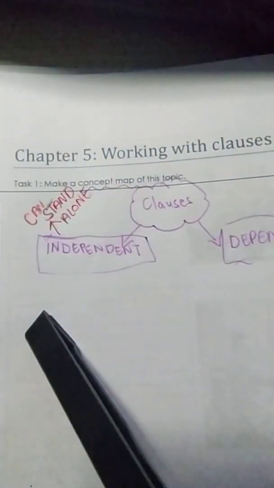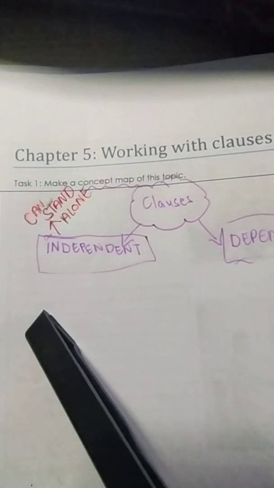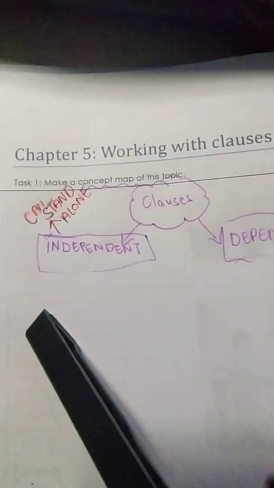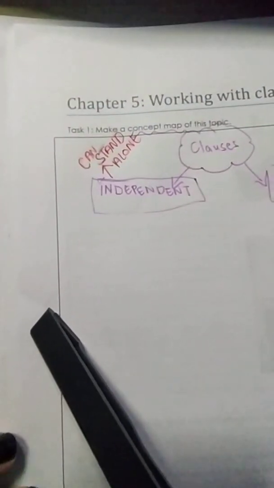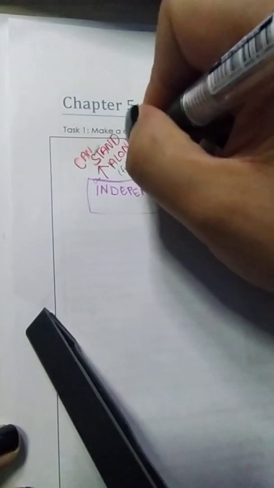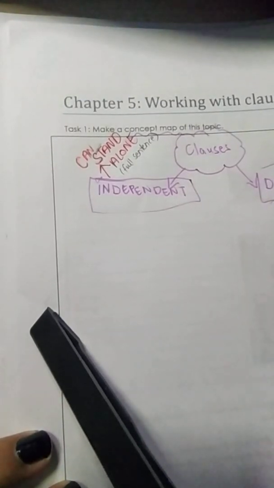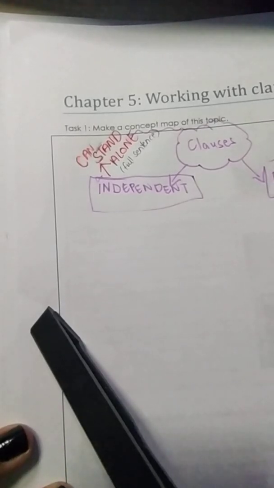Okay, so that's the first thing. This is something that can stand alone. Now, when I talk about stand alone, this is going to resemble a full sentence. It looks like a full sentence, okay? So, what are the things that I need? Well, let's start with the basic sentences.